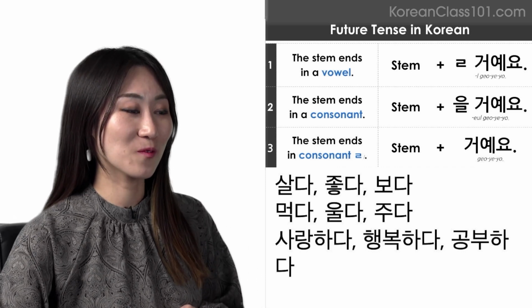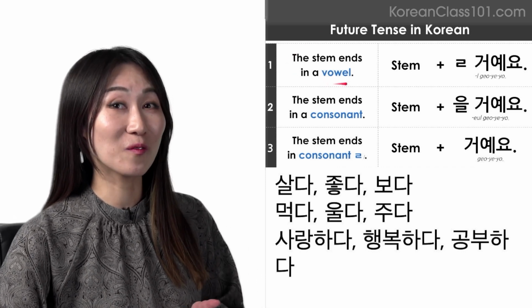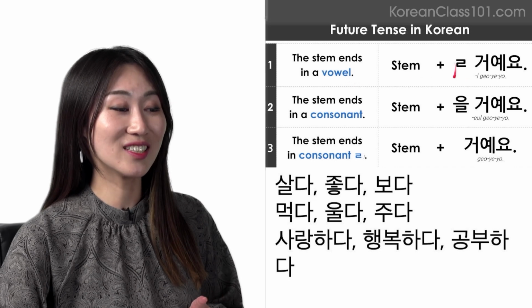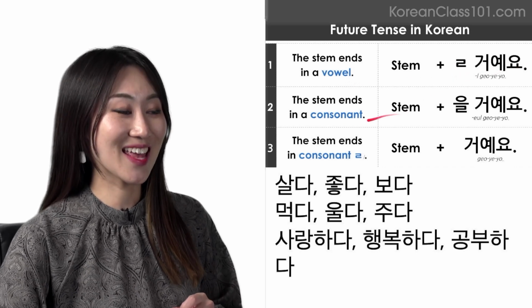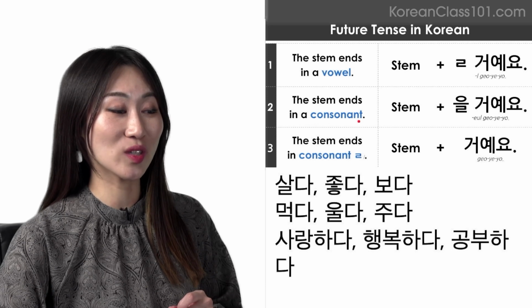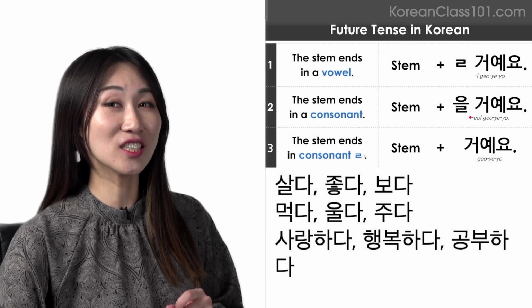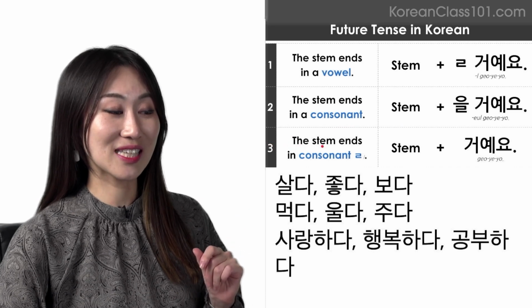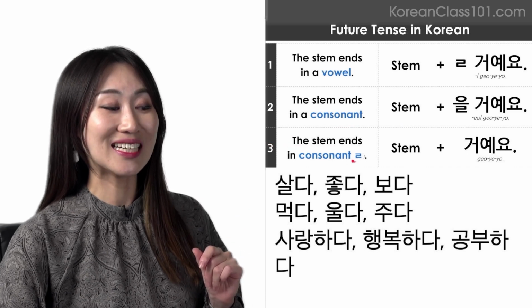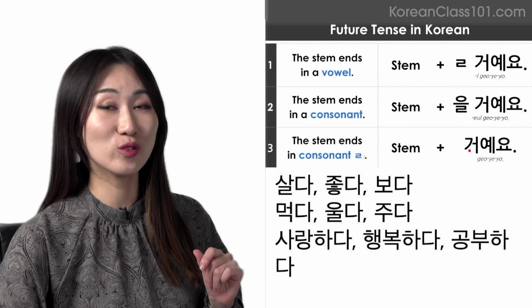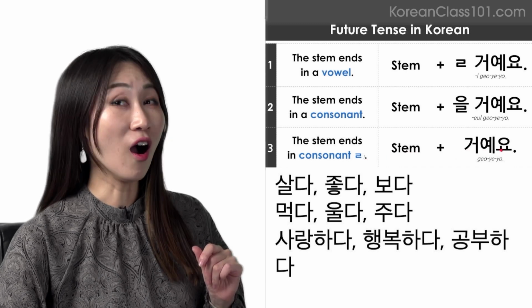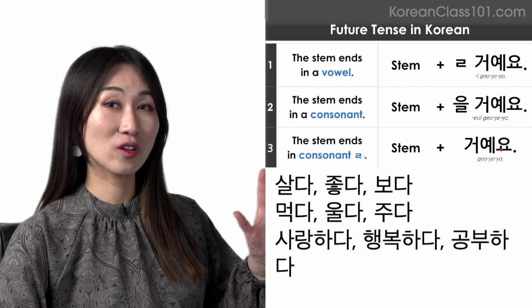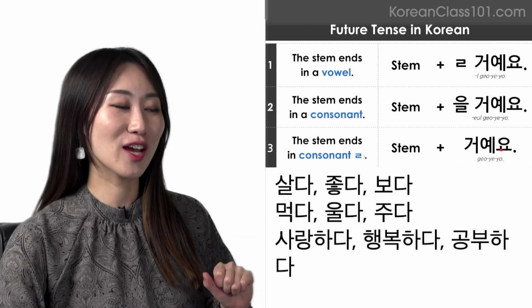If the stem ends in a vowel, then you use ㄹ 거예요. If the stem ends in a consonant, then you use 을 거예요. Lastly, if the stem ends in the consonant ㄹ, then you only use 거예요.